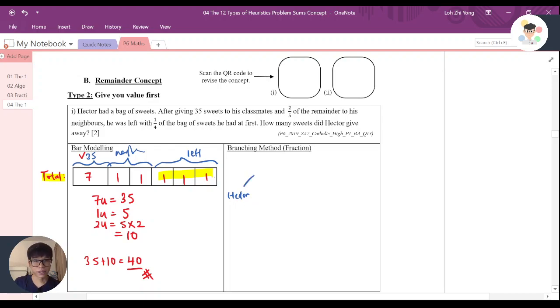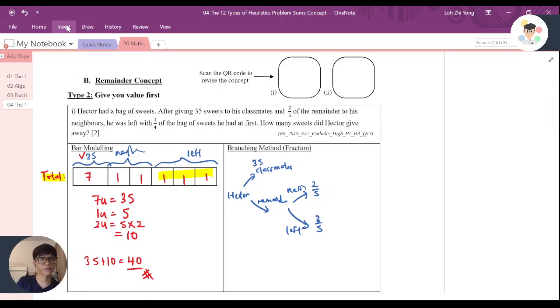And after giving 35, I give 35 to the classmate. And I give the remainder. This is the remainder. And among the remainder, I give 2/5 to the neighbor. Then how much do I have left over? If I give 2/5, I have 3/5 left over. This is what is left over.